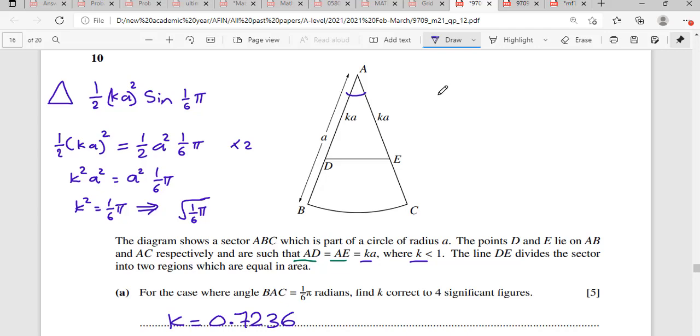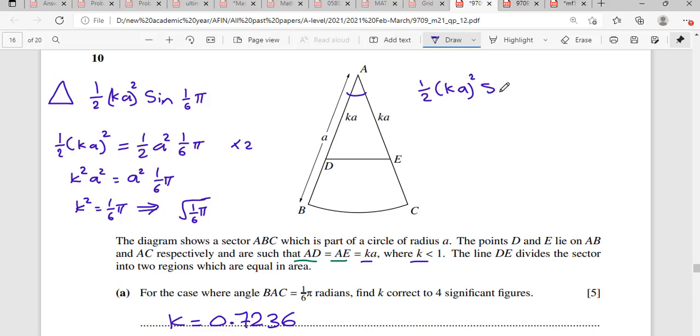This is the area of triangle, 1 over 2 ka squared sine theta equals, then this thing times 2, because it's the area of the triangle.